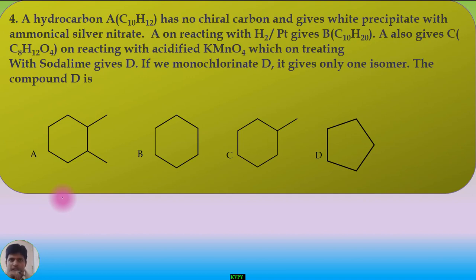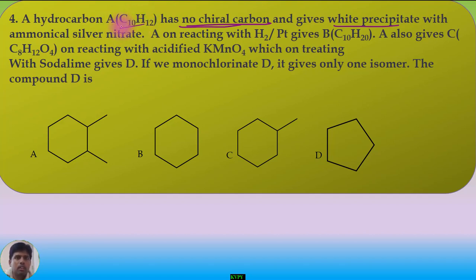Next question. A hydrocarbon A has no chiral carbon and gives white precipitate with ammonical silver nitrate. Okay, here the point to note is no chiral carbon and white precipitate with ammonical silver nitrate. That means it should contain either aldehyde or alkyne.